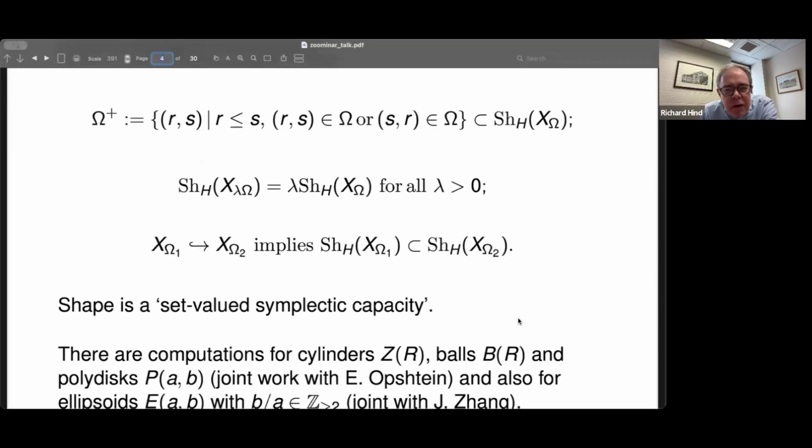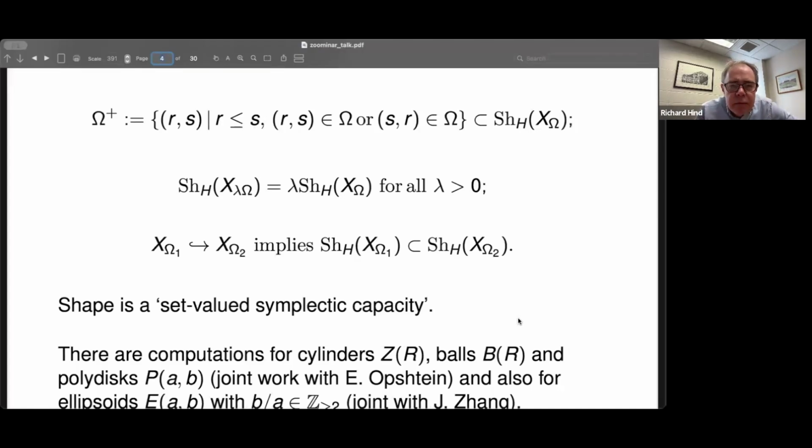And it's monotonic under Hamiltonian embeddings; when I write this arrow, I mean a Hamiltonian diffeomorphism taking one domain into the other. It's a subset of one octant in R2, so you can say it's like a set-valued symplectic capacity. It takes values in subsets, but otherwise it looks a bit like a symplectic capacity.